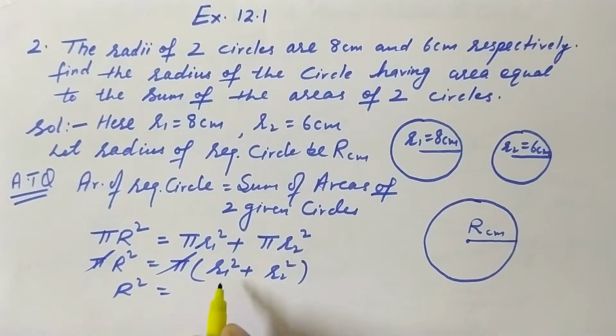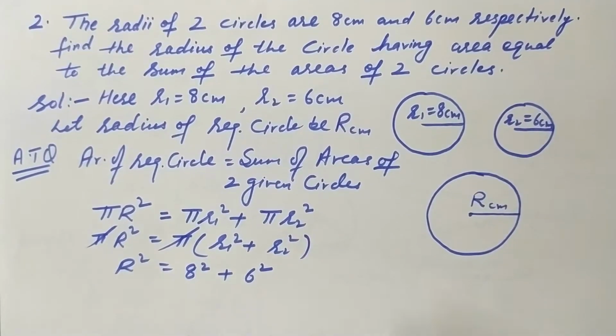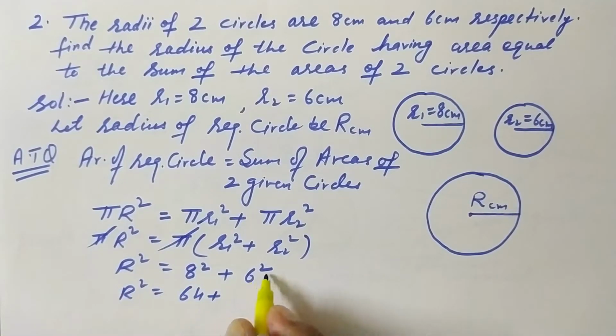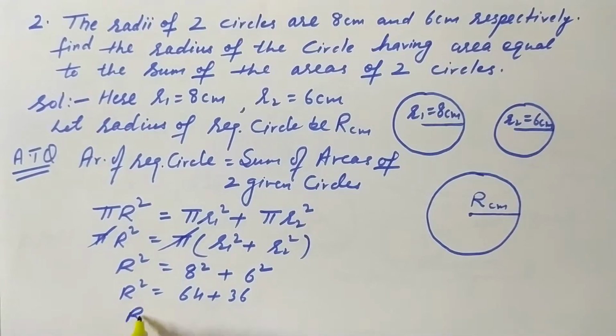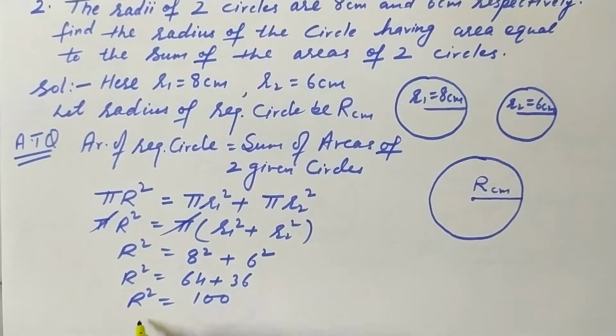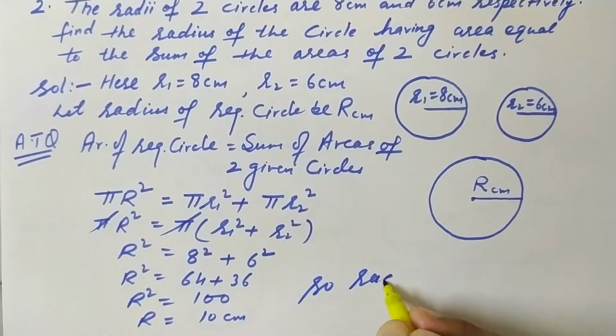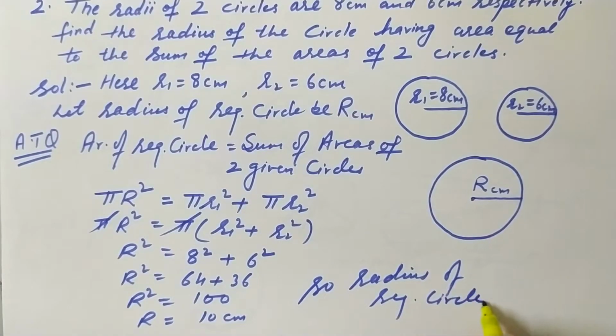R square is equal to 8 square plus 6 square. We need to find capital R. So R square is equal to 8 square, which is 64, plus 6 square, which is 36. So R square is 100, and R is equal to square root of 100, that is 10 centimeter. So the radius of the required circle is 10 centimeter.